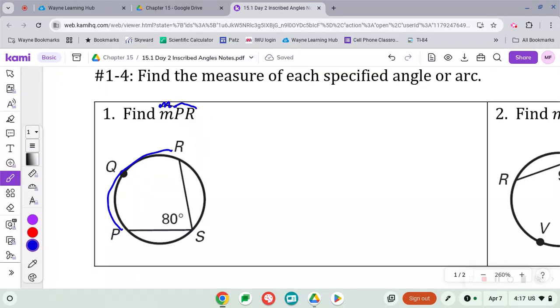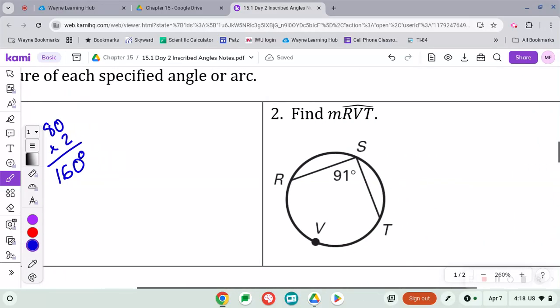Then the second thing we need to decide is, is this an inscribed angle or a central angle? If we look, the vertex is S, that is on the edge, it's not in the center, so that is an inscribed angle. So I know that if I take half the arc, I will get the angle. So if I have the angle, I need to times it by 2. In this case, 80 times 2 gives me 160 degrees, and that is what our arc is.